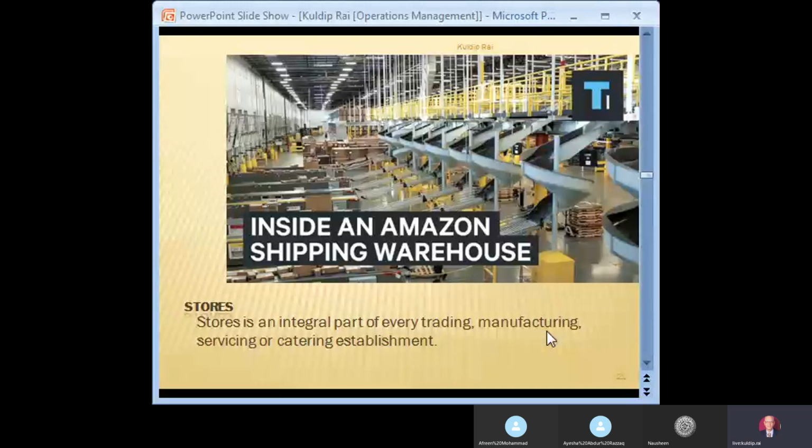They run into lakhs of varieties. So you can see in this warehouse, there are so many bin locations, and the end, this place is not even visible on the photo. It is so huge.